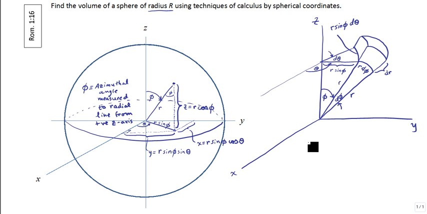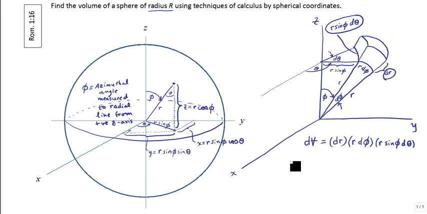And so I can go ahead and state that the differential volume dV is equal to the height dr, times this side of the base of that differential volume, r d phi, times the one that was swept inside of the xy plane, which is r sine of phi d theta.